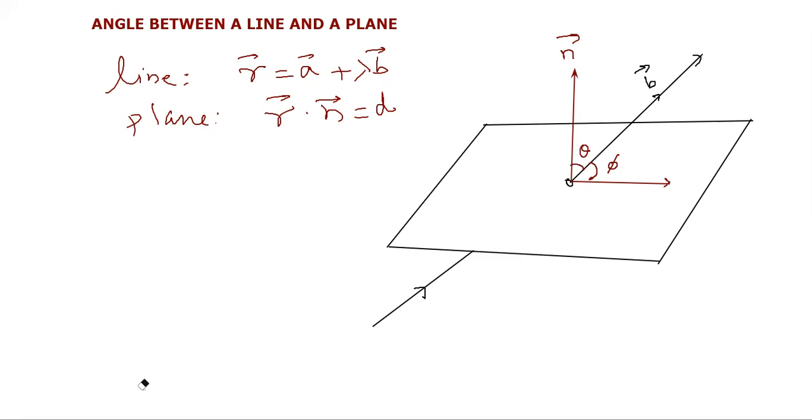So we can write the formula: cos theta, the angle between the normal and this line, will be equal to n dot b divided by magnitude of n into magnitude of b. Okay, got it?